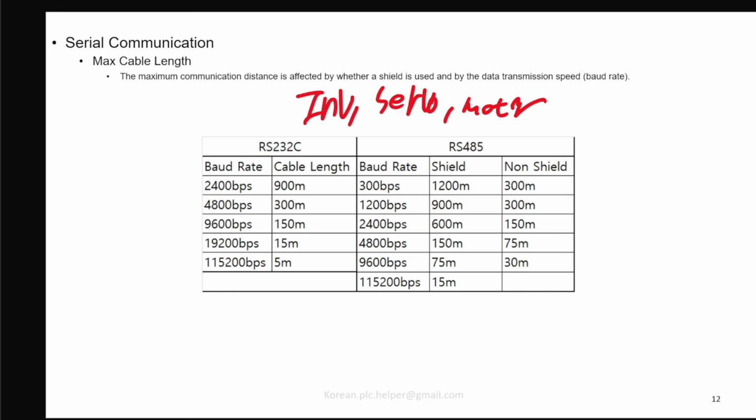Therefore, the reliable communication distance becomes shorter as the communication speed increases. The table shows how communication distance changes according to the cable type and communication speed.